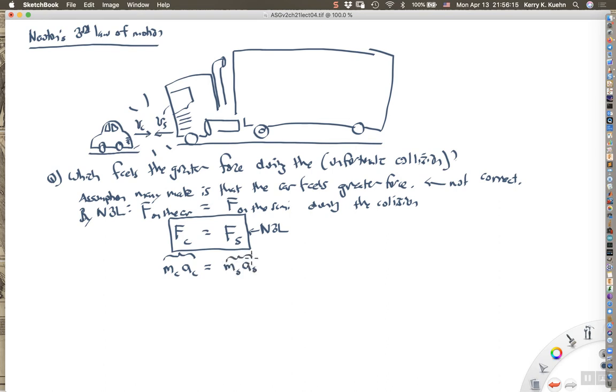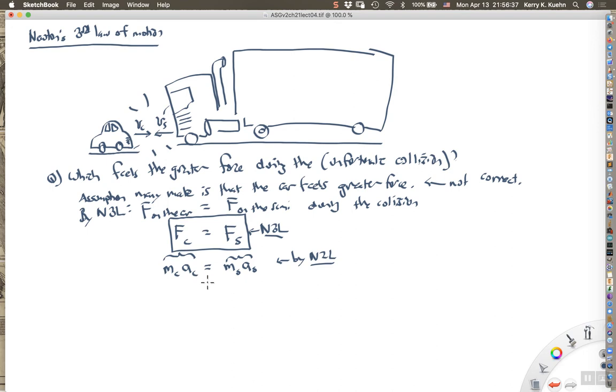So I'm inserting, this is by Newton's second law. In other words, whatever force is acting on the car is causing the mass of the car to accelerate it this much. And whatever force is acting on the semi is causing the mass of the semi to accelerate by this much. Okay, so we're taking Newton's third law seriously and Newton's second law seriously.